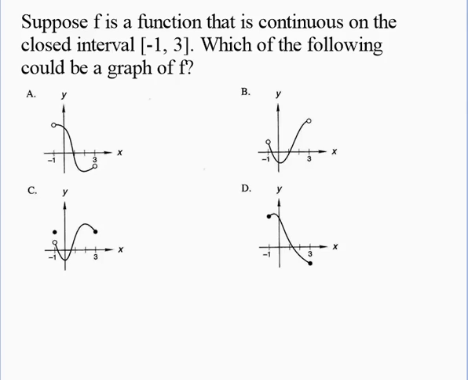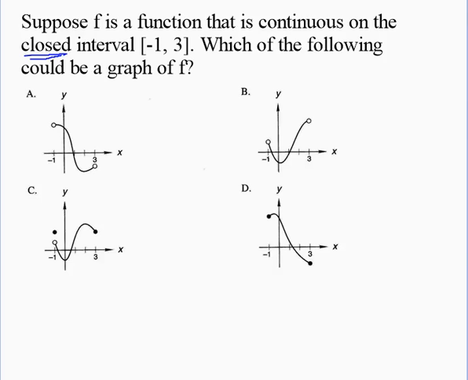Now suppose f is a function that is continuous on the closed interval -1 to 3. Which of the following could be the graph? So it's on a closed interval, which means the endpoints matter. These are open, so these aren't even defined at -1 and 3.